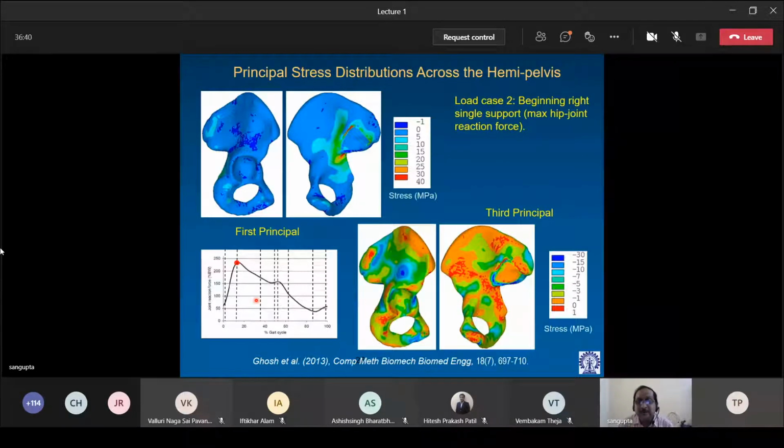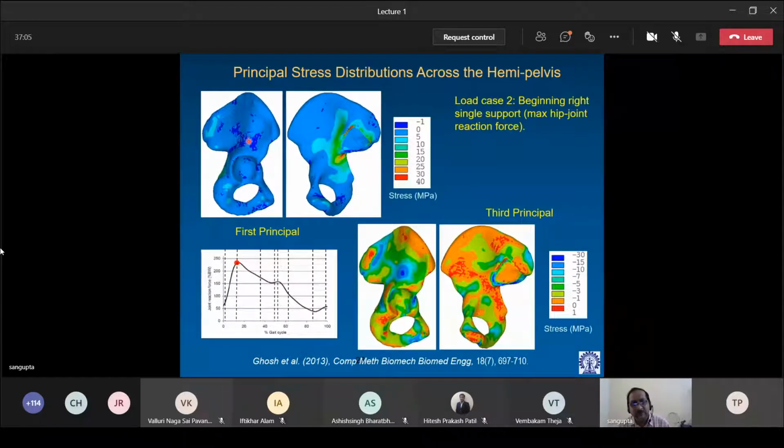Now, these are results showing principal stress distribution across the hemipelvis. I'm showing you only the results corresponding to load case 2, beginning of right single support phase, where we have the maximum hip joint reaction force. So this is the first principal stress distribution in the pelvic bone, intact pelvic bone.